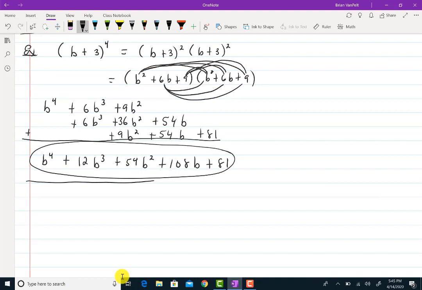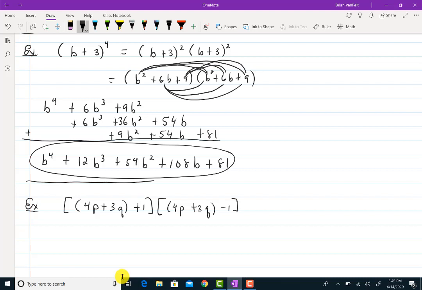So these last couple of examples are just testing to see how well you grasp the material. Let's say I have 4p plus 3q plus 1 times 4p plus 3q minus 1. And I want to multiply this out.